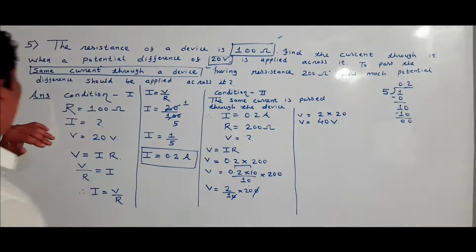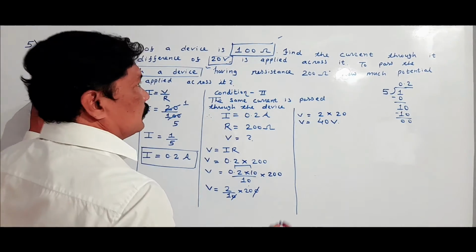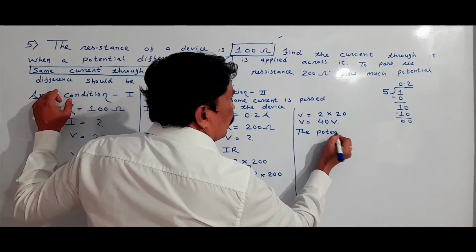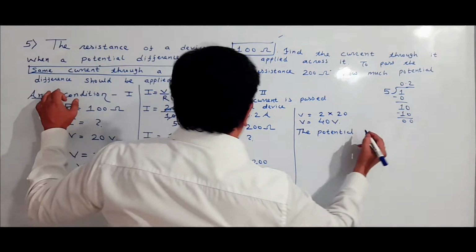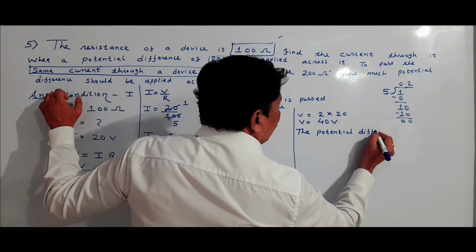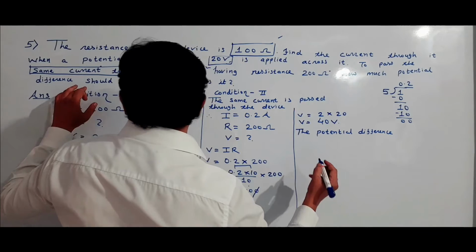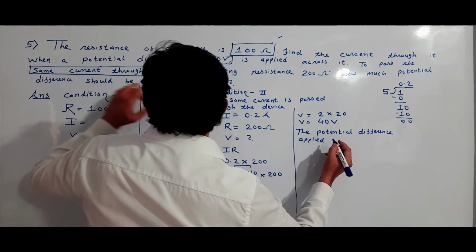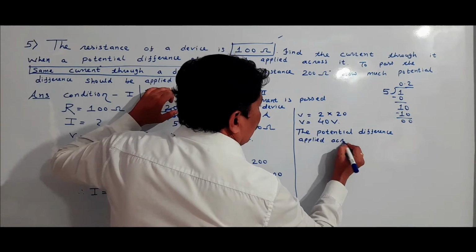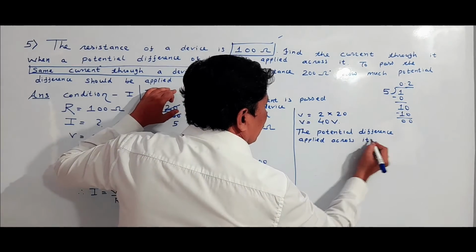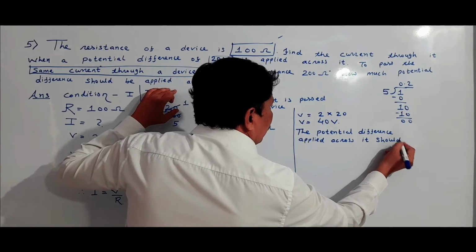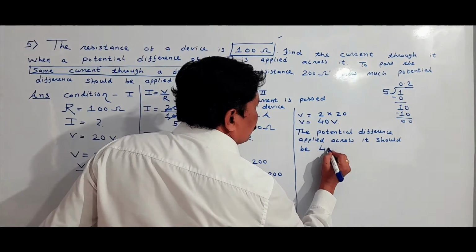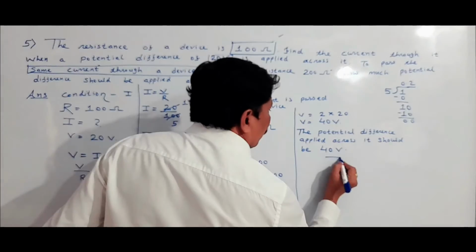How much potential difference should be applied across it? The potential difference applied across it should be 40 volt.